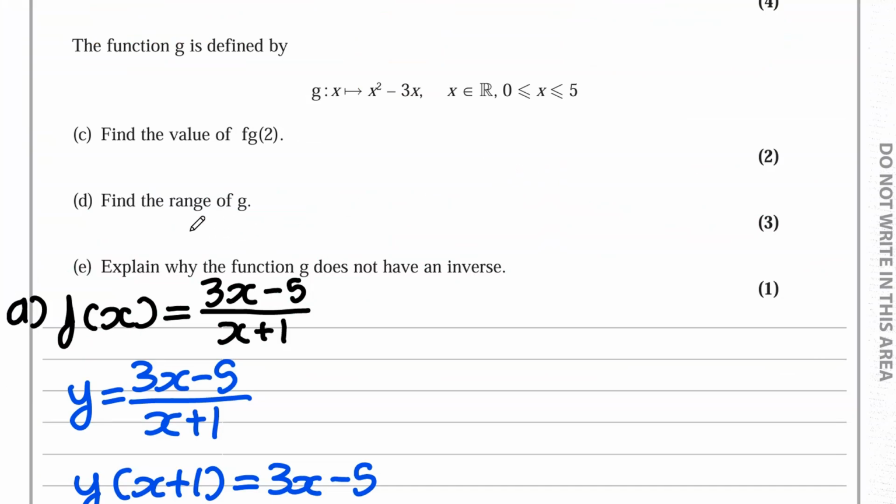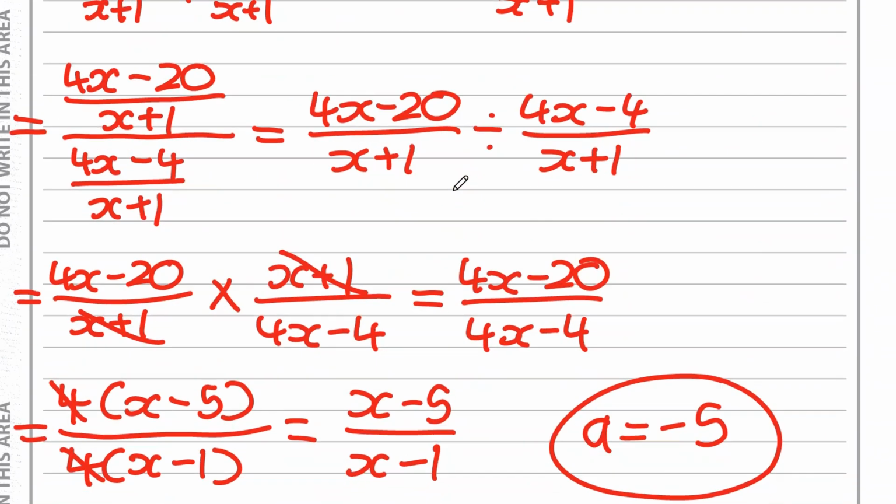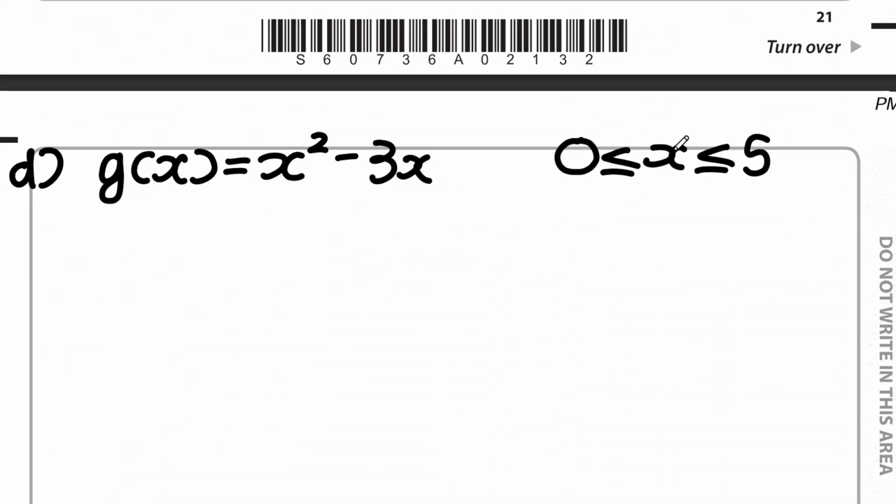Okay, and then for part D, we need to find the range of g for 3 marks. Okay, so remember g of x is this function here, this x squared minus 3x, and x is between 0 and 5. Now be careful with this question, because what you might be tempted to do is you might say, okay, so x, the smallest value it can have is 0, and the biggest value it can have is 5.